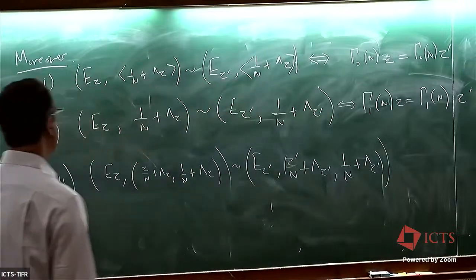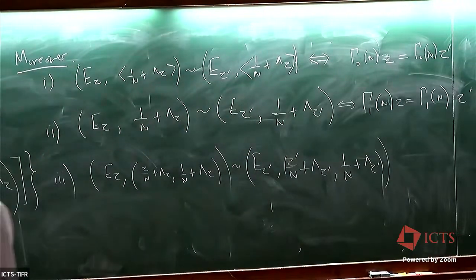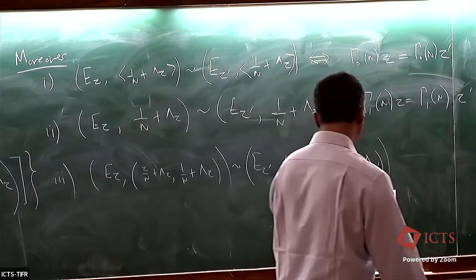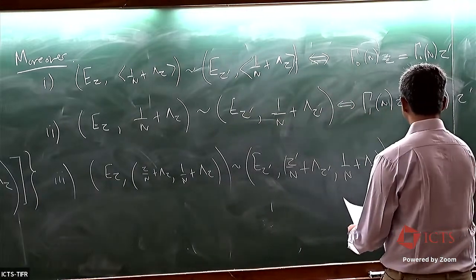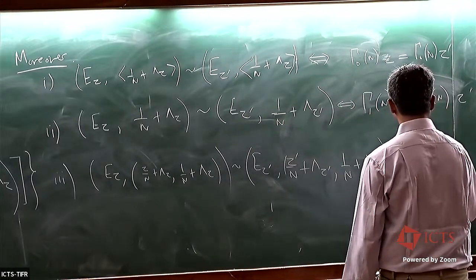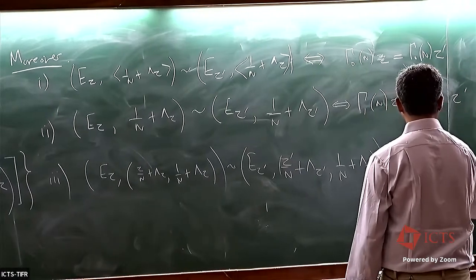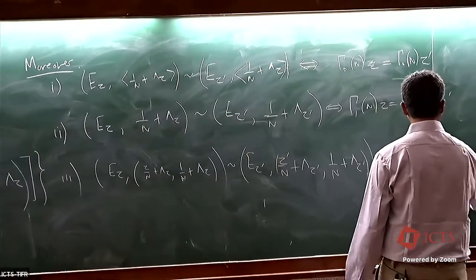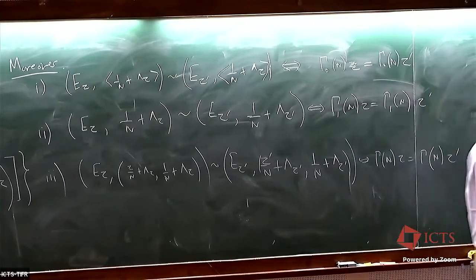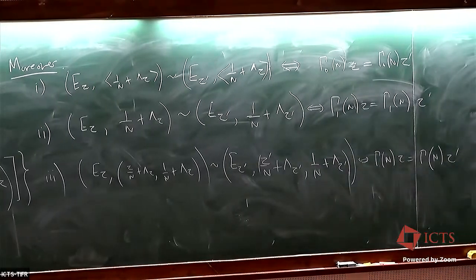I got all the brackets there, and all the primes, hopefully. If and only if gamma n of tau is equal to gamma n of tau prime. So tau is equal to tau prime in H modulo gamma n.